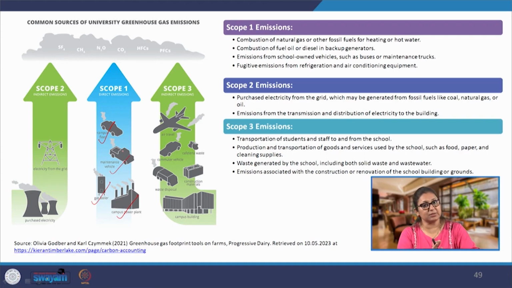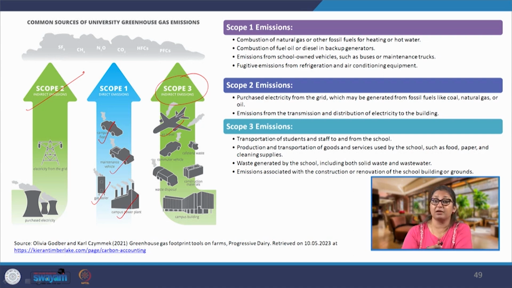Scope 2 indirect emissions, again simple, electricity that is going to be purchased from the grid. So, that is scope 2, simple to understand. Now, scope 3 could be really wide. Here, what all are we covering? We are covering the travels. There could be air travel. We have talked about it earlier also, there could be travel because of academic purposes. So, all that travel is going to be in scope 3 indirect emissions.